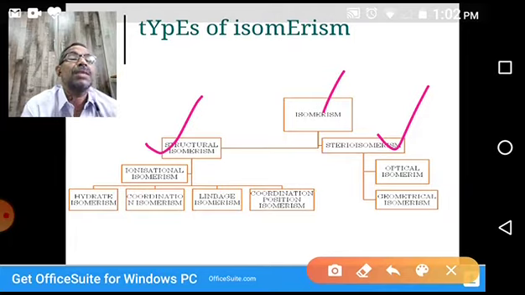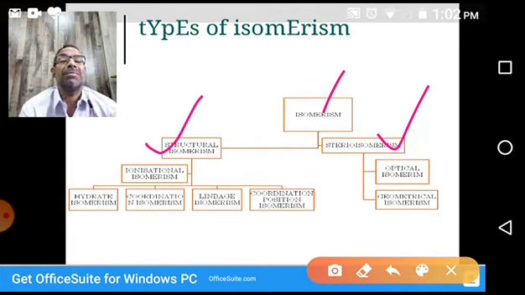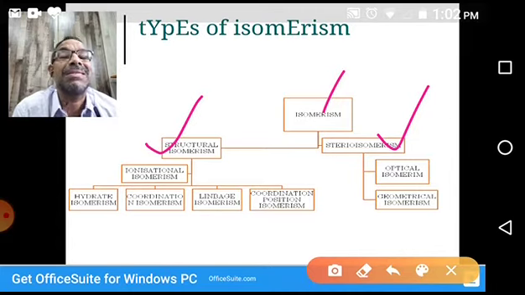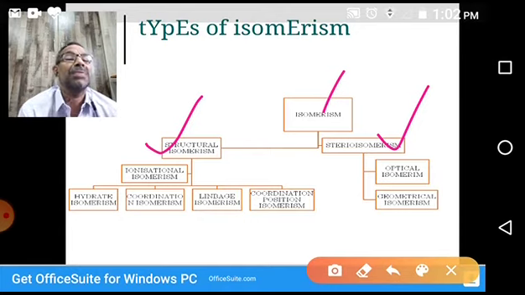Structural isomerism is based on bonding connectivity: the bonding connectivity is different. If the bonding connectivity is the same but the properties are different, it comes under stereoisomerism. So in general, isomerism is broadly of two types: structural isomerism and stereoisomerism.